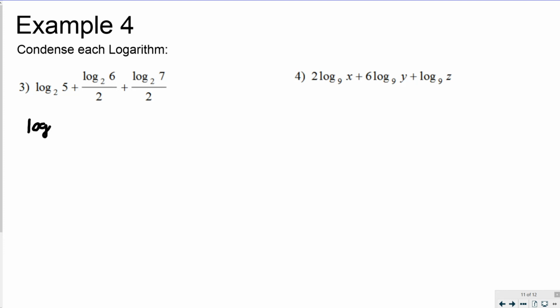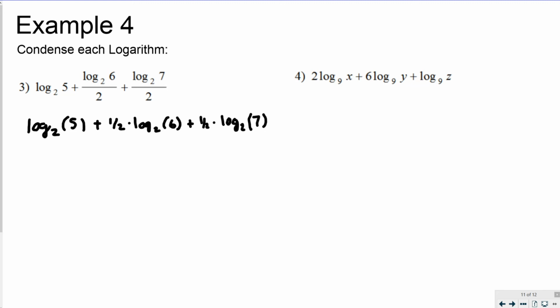So it would be log base 2 of 5 plus 1/2 times the log base 2 of 6 plus 1/2 times the log base 2 of 7. So dividing by 2 like that is the same as writing times 1/2.